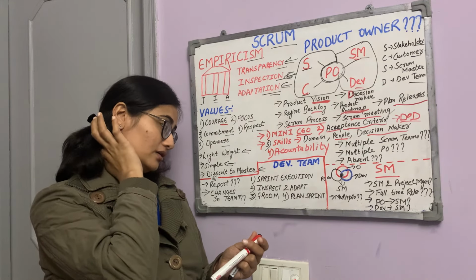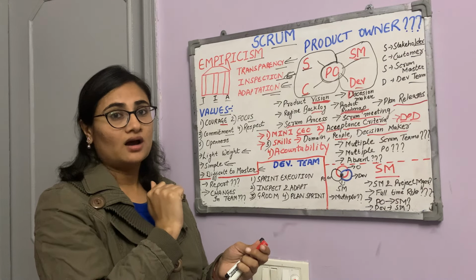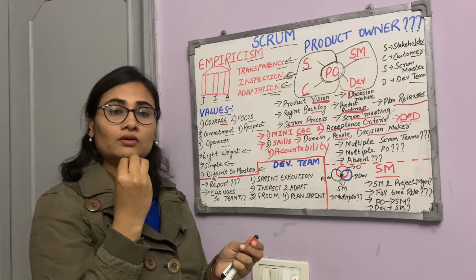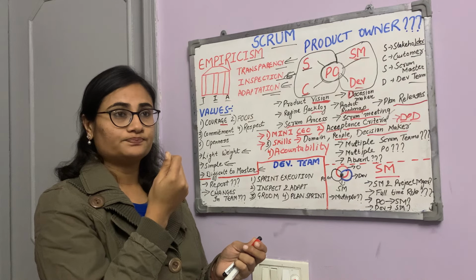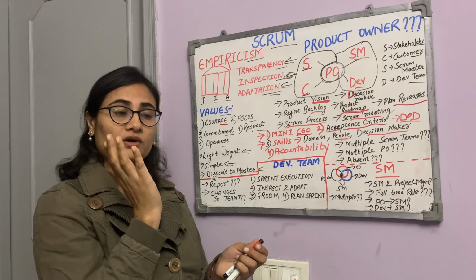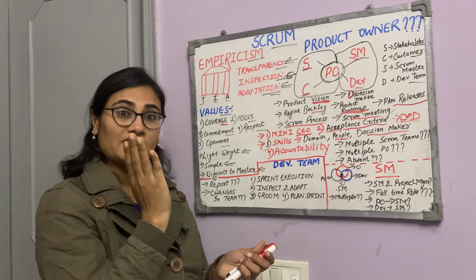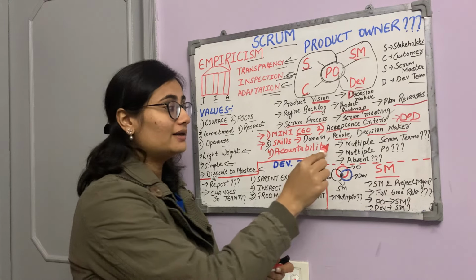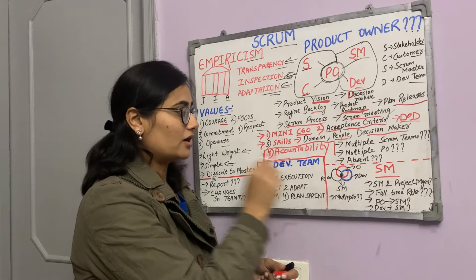Now another important thing which we need to understand about the product owner is the accountability of what your end product looks like, whether your product or project becomes successful or failed. All its accountability lies with the product owner.